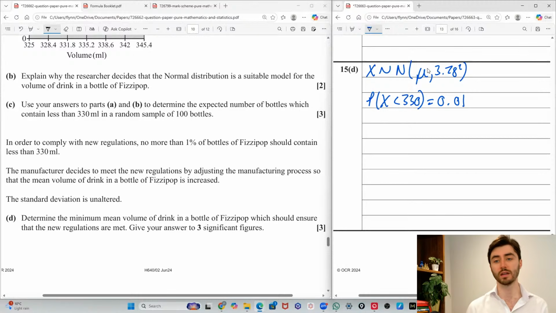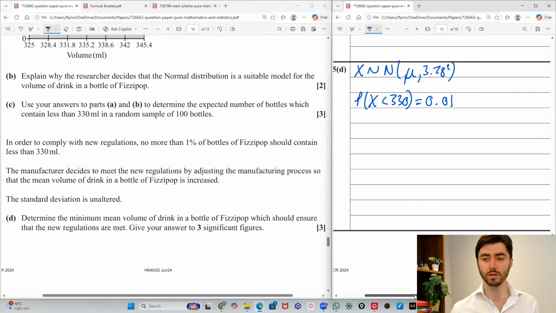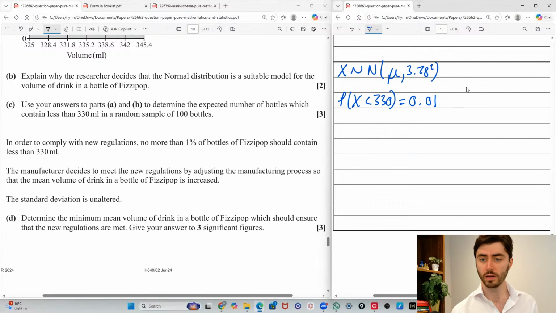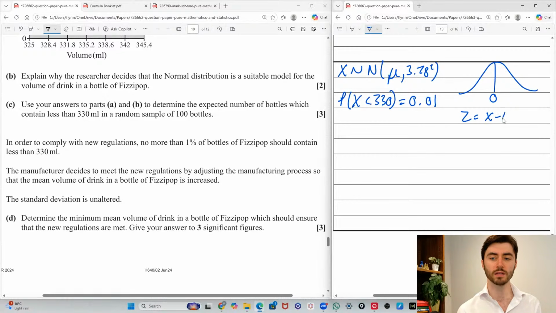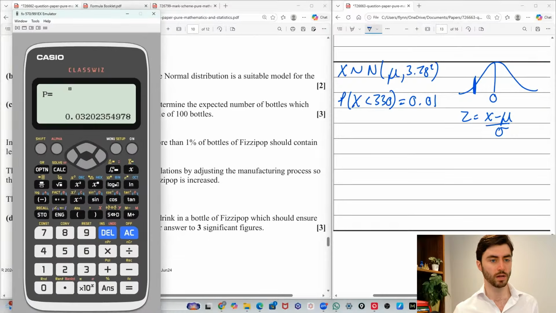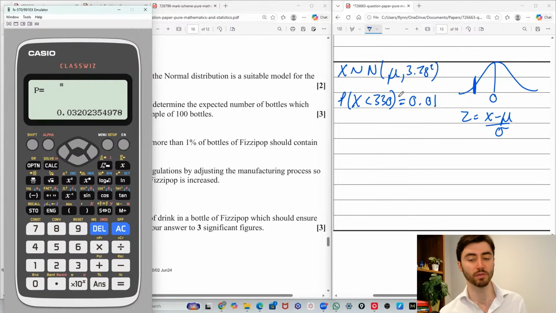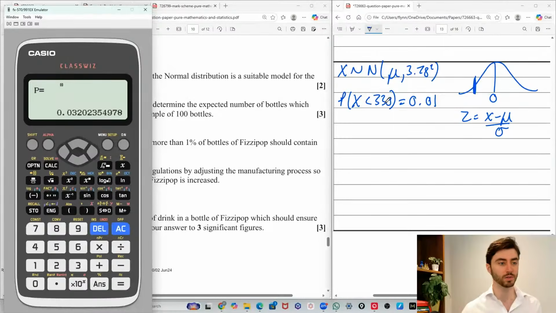Whenever you're working out the mean or the standard deviation, that is using the standard normal. So I am going to draw my standard normal curve, which has a mean of 0 and a standard deviation of 1, where z is equal to x minus mu over sigma. On a normal curve, where would I need to be such that the probability on the left is equal to 0.01?